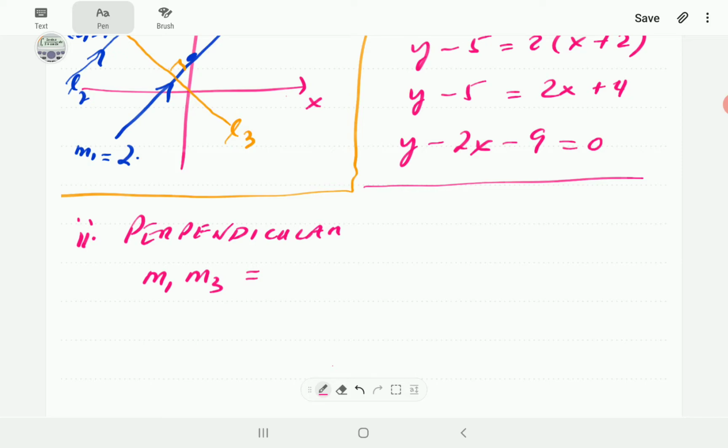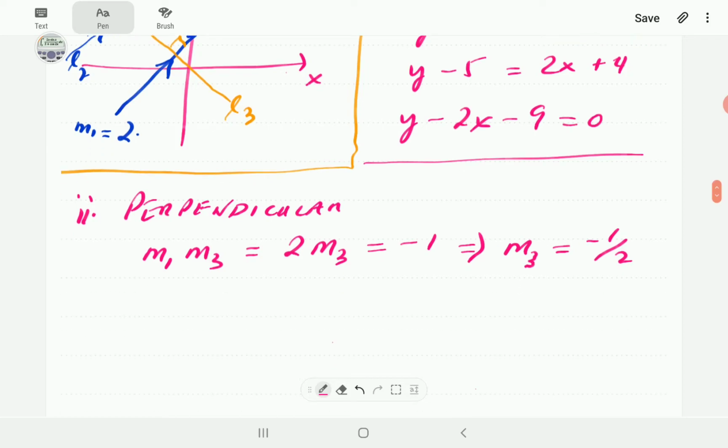So we are going to have 2, which is m1, times m3 equals negative 1. From this, it's telling us that m3 is negative 1 over 2.